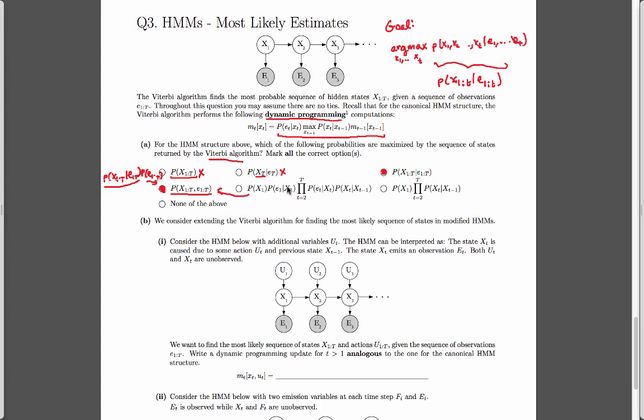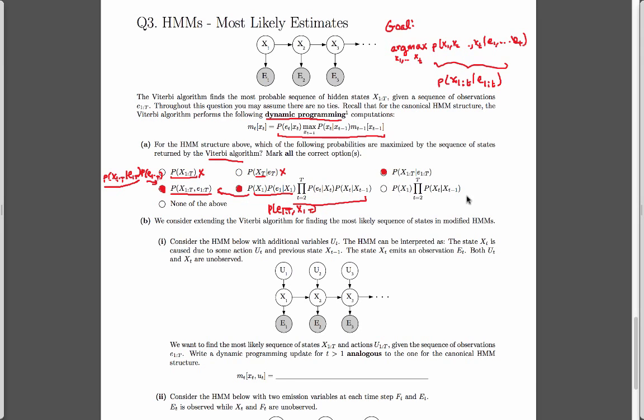This is the probability of E_1 and X_1, and then you get X_2 given X_1, and E_2 given X_2, and so on and so forth. And because you have these conditional independencies here, this is exactly the joint distribution of all of your evidence and your sequence of states. So this is also correct.